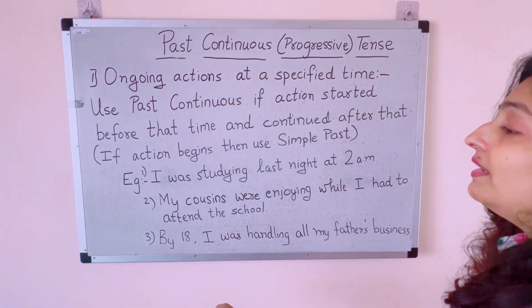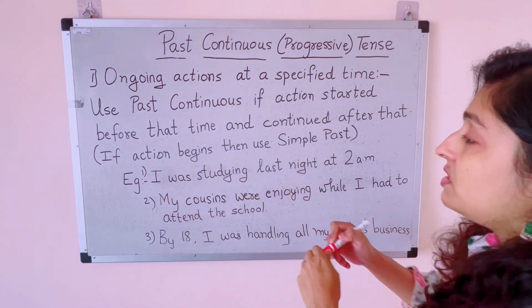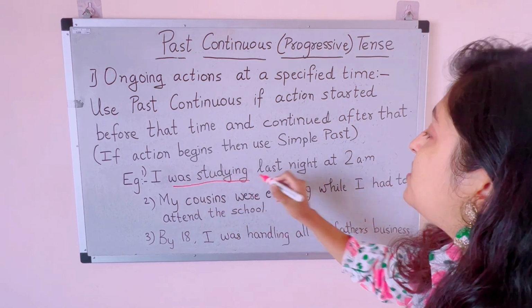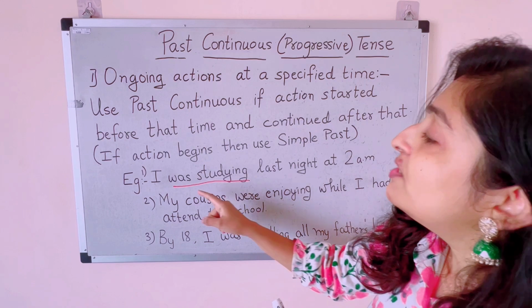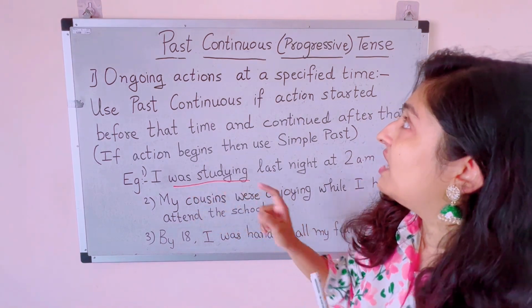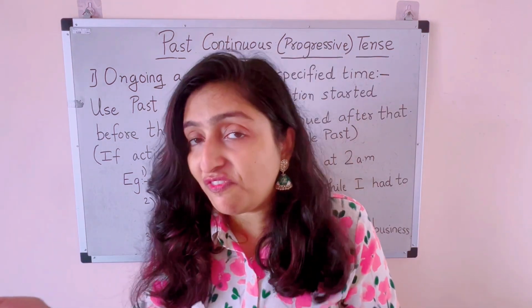First example is, I was studying last night at 2 a.m. Okay, so this is in past continuous or progressive tense.